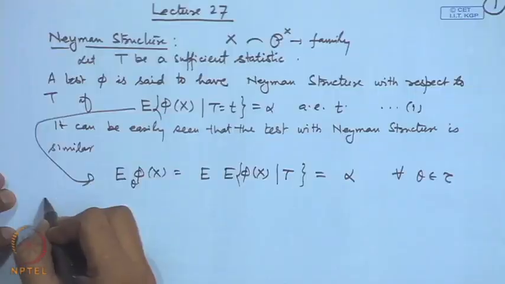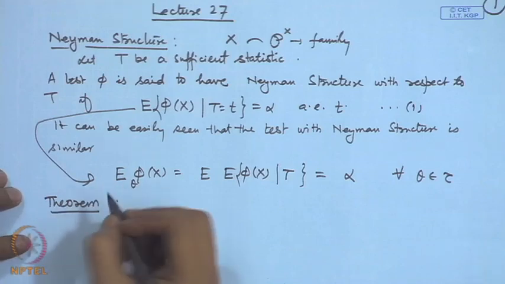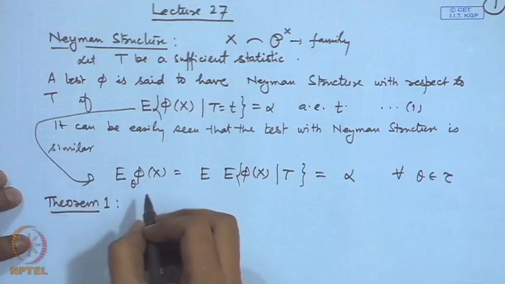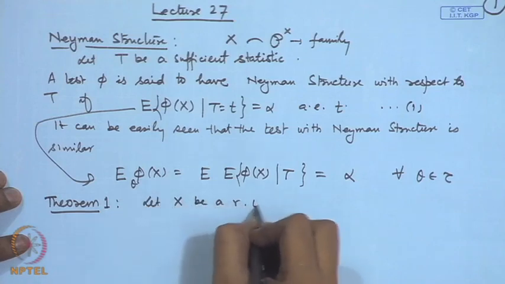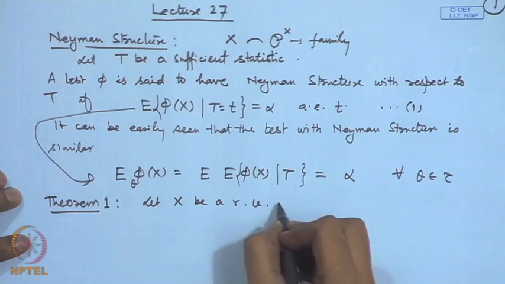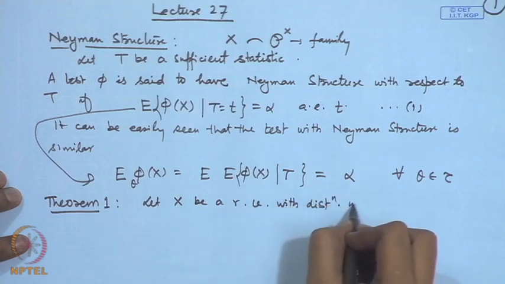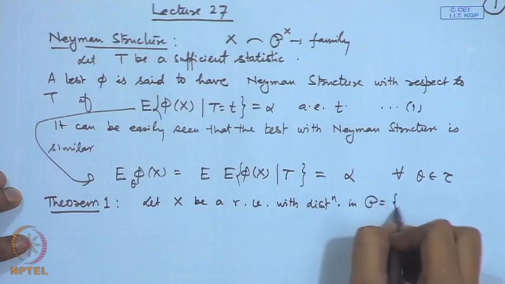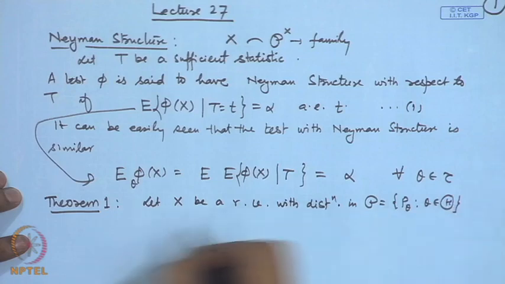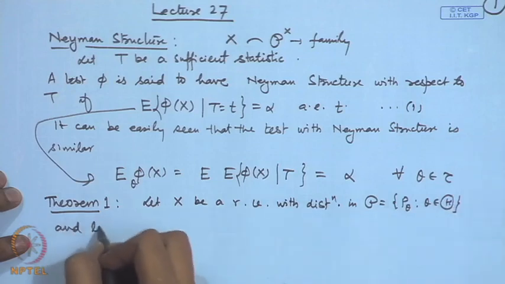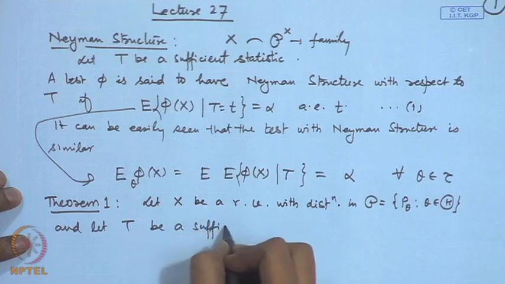Now, I will give a result here. Theorem 1. Let x be a random variable or random vector with distribution in P, and let T be a sufficient statistic.